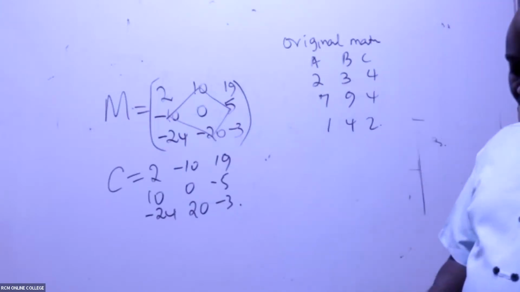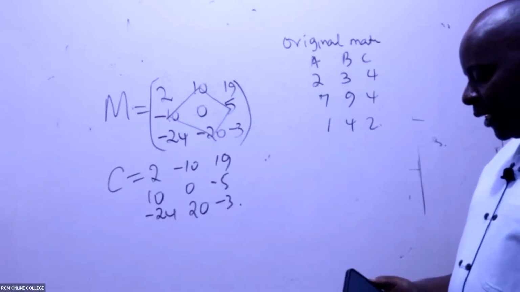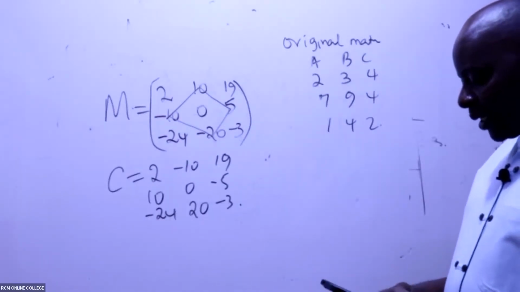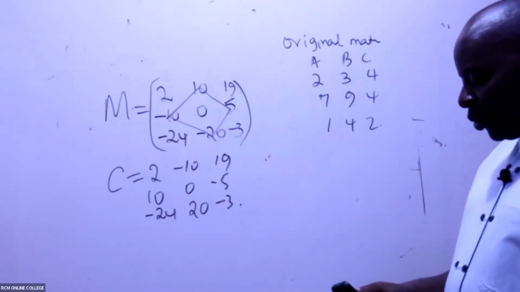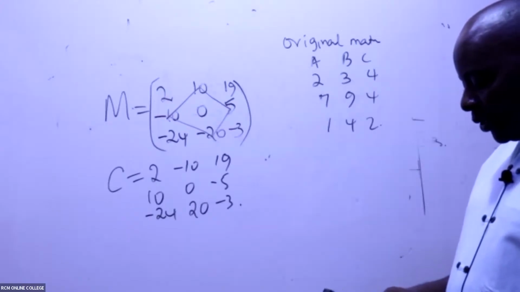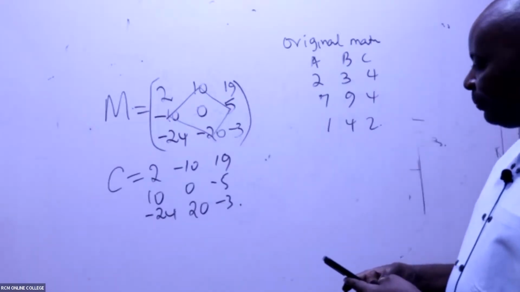So I hope you are able to follow up to there. Ladies and gentlemen, after that, what do we need to do here? What you need to do is something very easy.